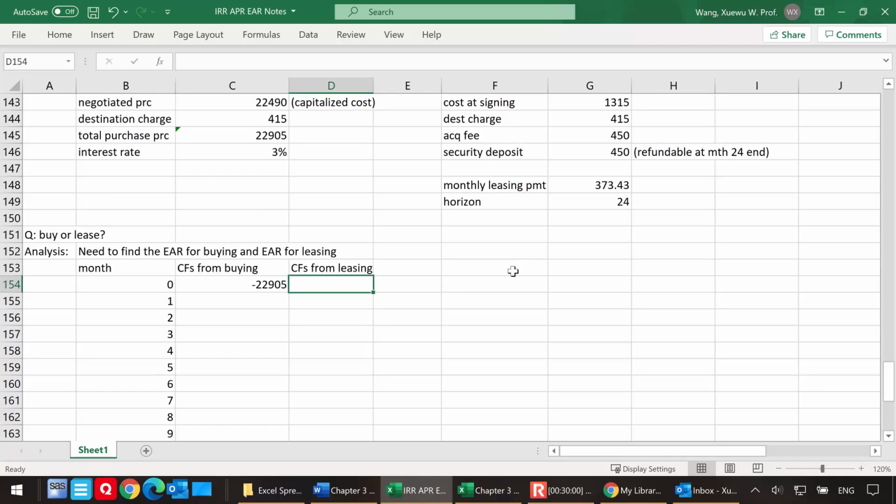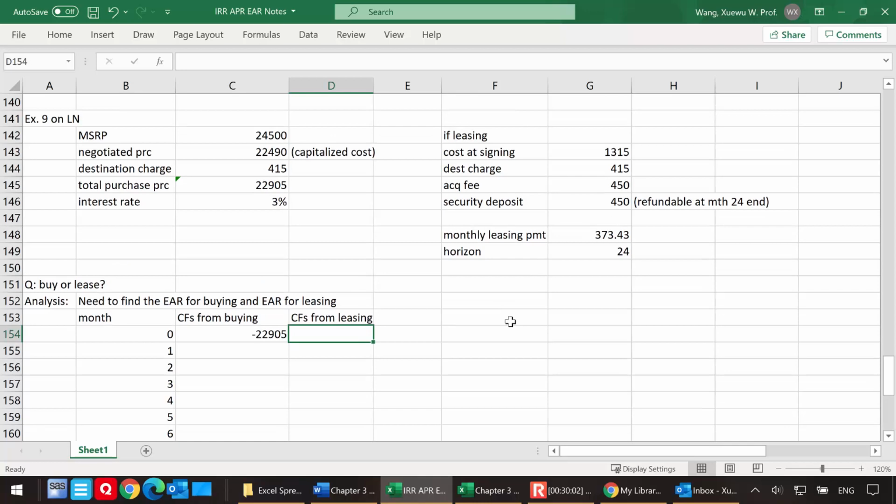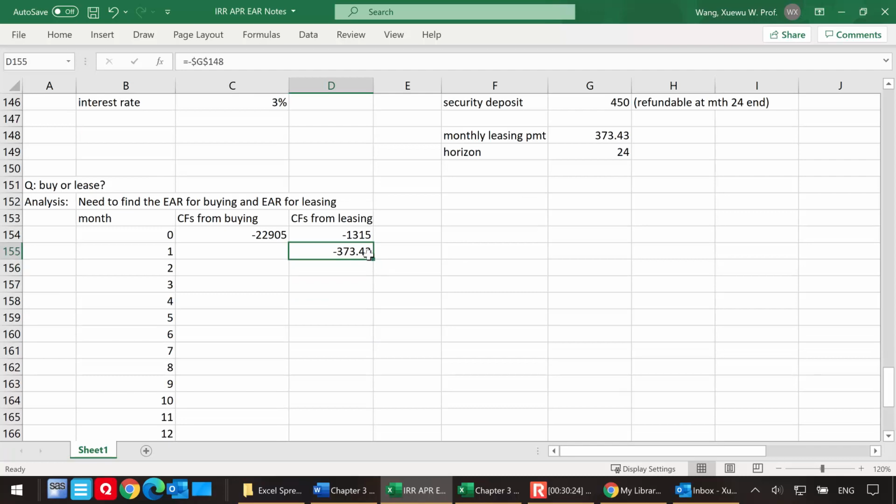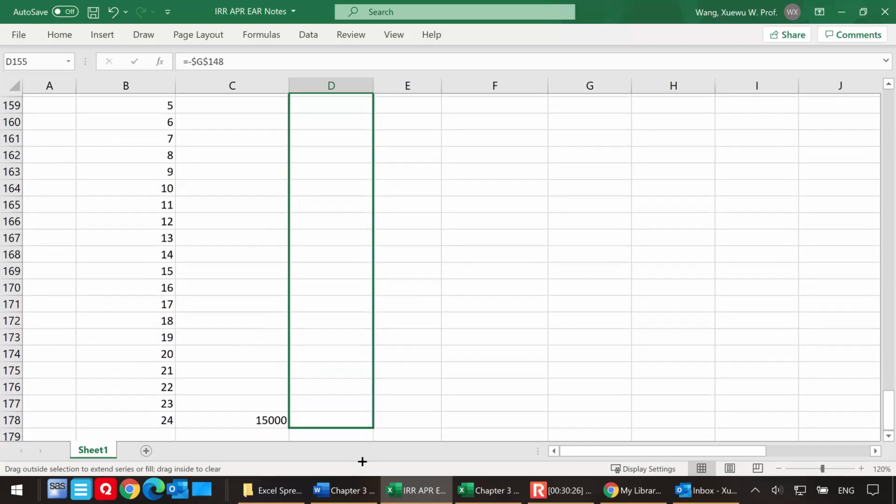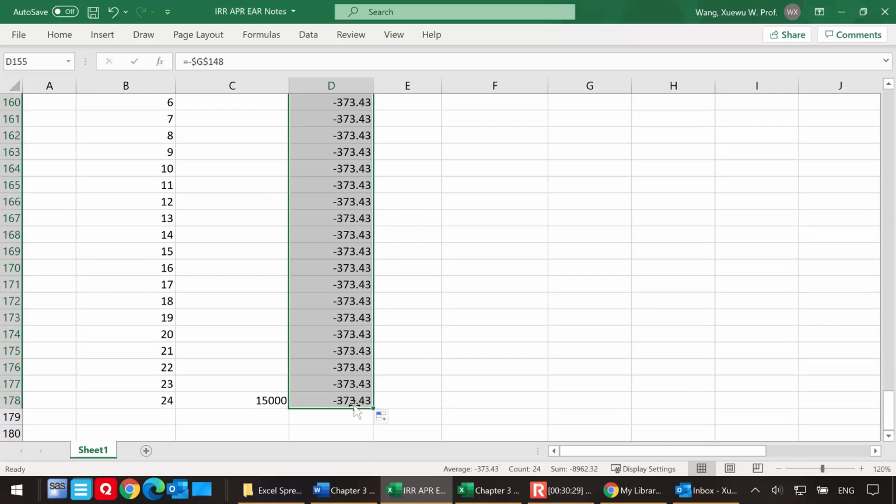Now, if you lease the car, then you pay 1315. That is the amount you pay today, and then you pay 373.43 each month, the same amount for the following 24 months. So I'm going to lock down these 373.43 here and copy this down. In month 24, this is the end of the lease.